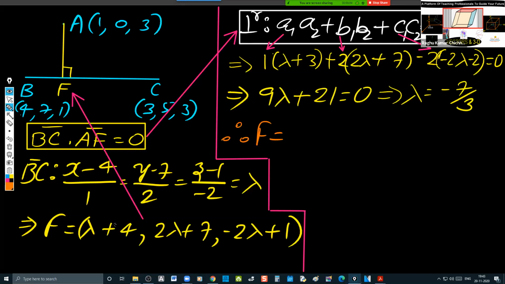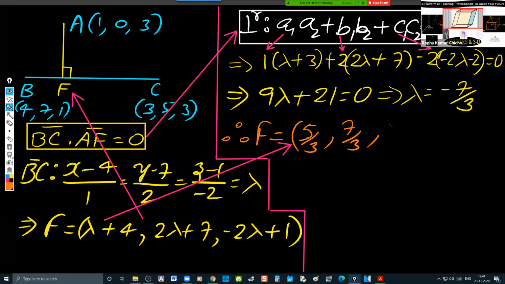So you have to substitute lambda in this to get F. F is minus 7 by 3 plus 4, 12 minus 7, 5 by 3, comma, 2 lambda plus 7, minus 14 by 3 plus 7, 7 by 3, comma, minus 2 lambda plus 1, which is minus 2 into minus 7, 14 by 3 plus 1, that is 17 by 3.